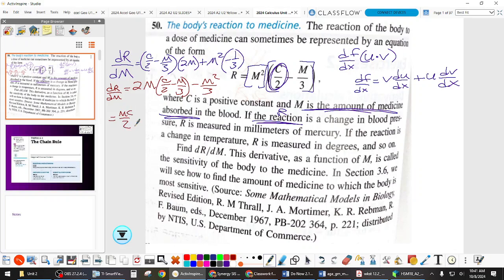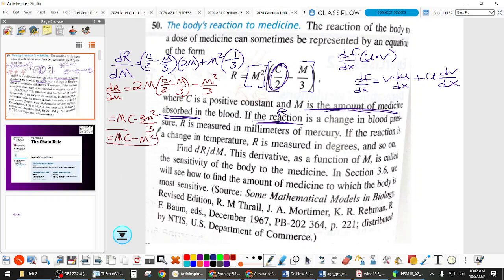My fault, it's just mc. And then again 2m squared over 3 negative, and then another m squared over 3 negative, so minus 3m squared over 3, which is mc minus m squared.